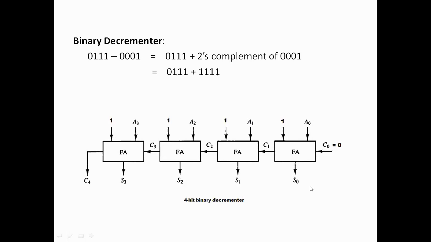That answer will be our decremented answer. S3 to S0 will be the decremented answer. So seemingly it looks like an incrementer, but obviously this is not an incrementer because of this 2's complement logic. It is actually a decrementer.